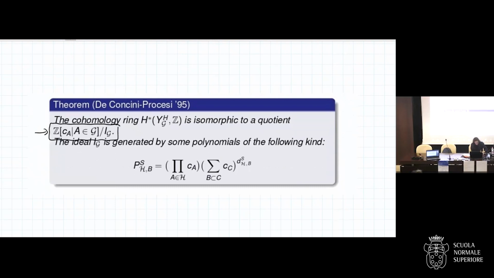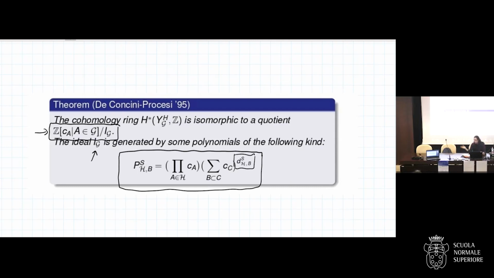Notice that here we are taking the polynomial ring whose variables are in bijection with the elements in the building set. Now this is quite sloppy, sorry, but all I wanted you to know is the ideal I_G is generated by some polynomials which can be defined just in terms of the structure of the lattice of the poset of intersections P_A and some numbers that can be read in it.